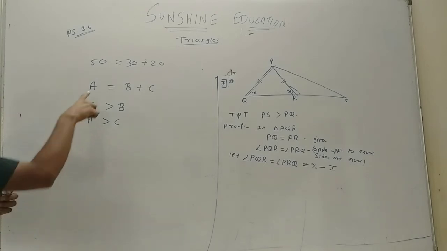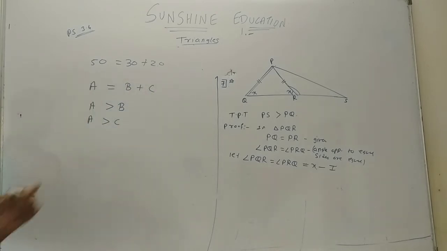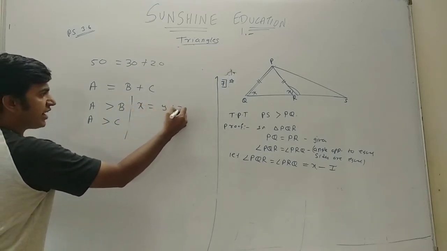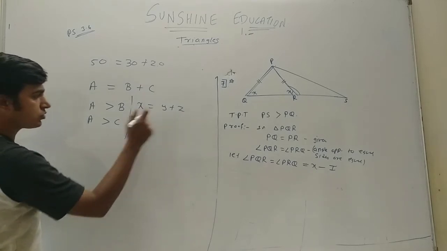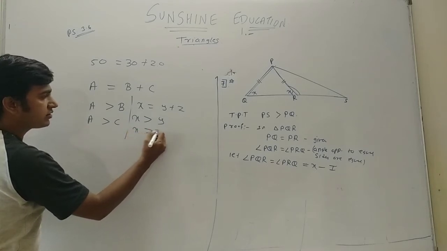So I can say that A is greater than B and A is greater than C. Likewise, if X is equal to Y plus Z, then X is greater than Y and X is greater than Z.